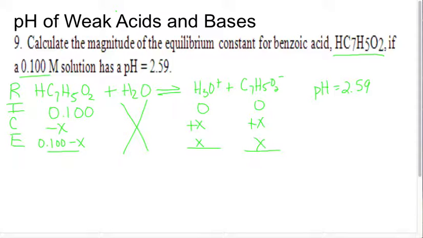So at the end of the day, that will give us X. All right? So how do we find it from pH? What do we do to get from pH to H plus concentration? 10 to the negative 2.59. So go ahead. I'm not going to round to sig figs till the end, so just give me a bunch of numbers here.